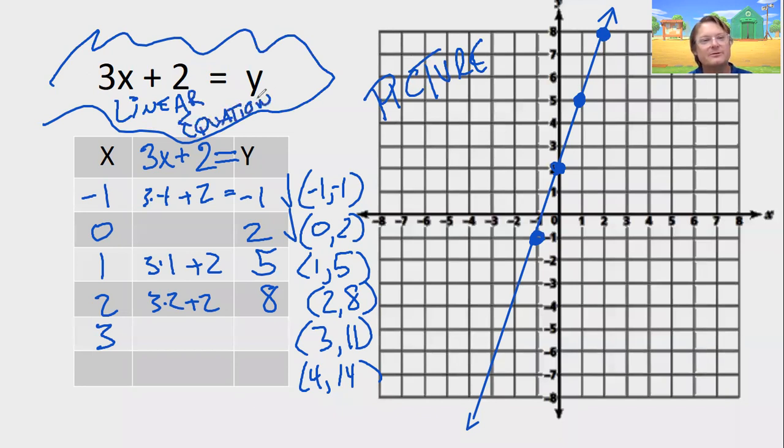Why are they called linear? Well, you can probably tell me why they're called linear, because look at that thing. If you plot their solutions, they literally line up into a perfectly straight line.